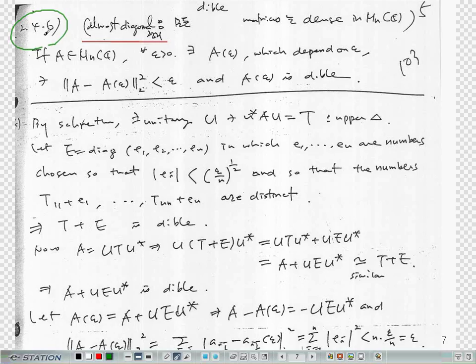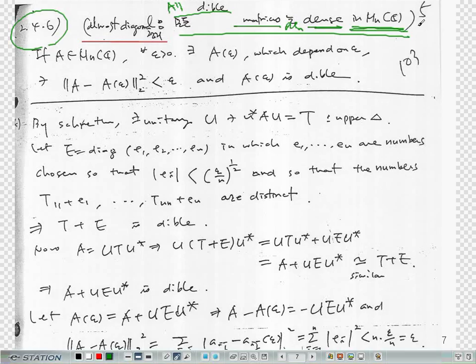Theorem 2.4.6. What it says is that all diagonalizable matrices are dense in Mn over C. All diagonalizable matrices are dense in the set of matrices.